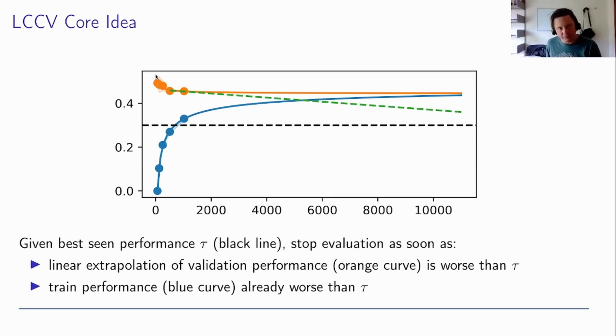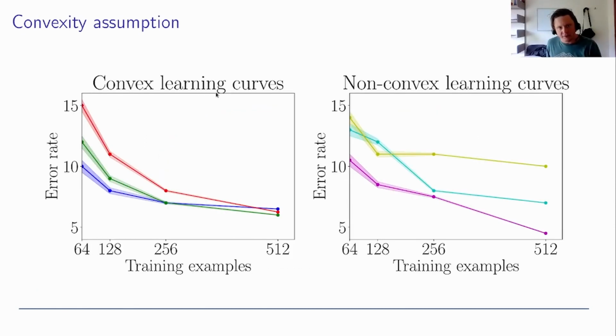What we assume is that this orange curve here is convex, and here we see some examples of convex curves. Convexity of curves means that if we have falling curves, the slope is an increasing function. So the slope is increasing from below to zero across this axis.